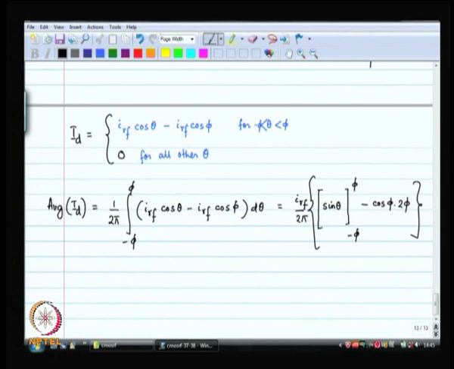And integral of a constant is just the constant times theta.